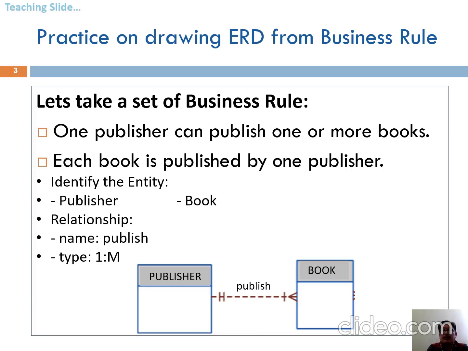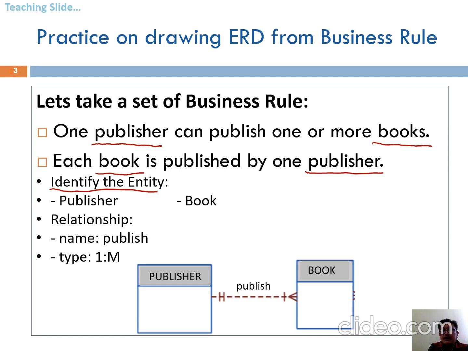One publisher can publish one or more books. Each book is published by one publisher. First of all, we identify the entity. The entities are publisher and book. The second business rule also mentions book and publisher.